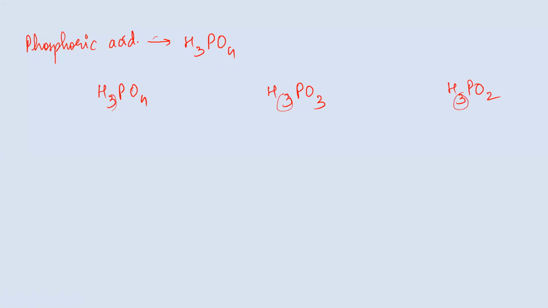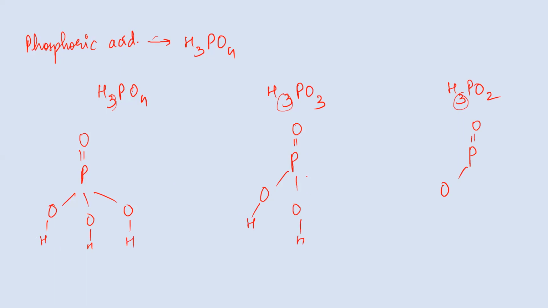But it does not happen like that, because if you look at the structure, you will see that there will be hydrogens bound in different ways, and one more hydrogen bound here.